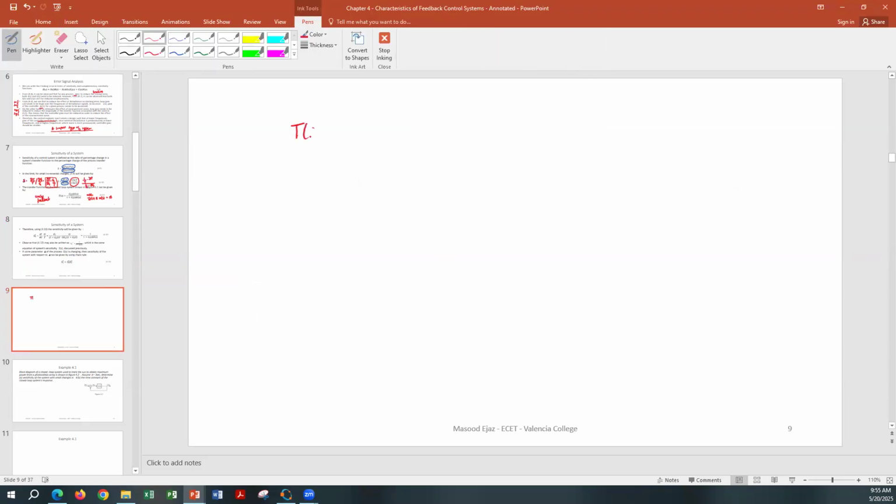So our transfer function is Gc(s)G(s) over 1 plus Gc(s)G(s). Again, for this, H(s) is 1 and Td(s) is 0 and N(s) is 0.